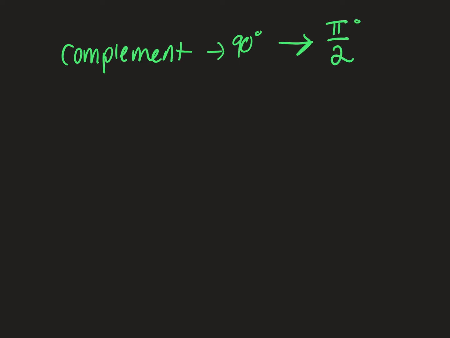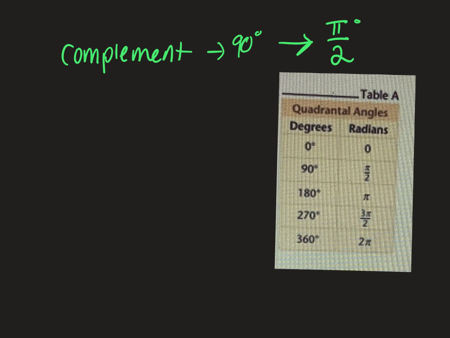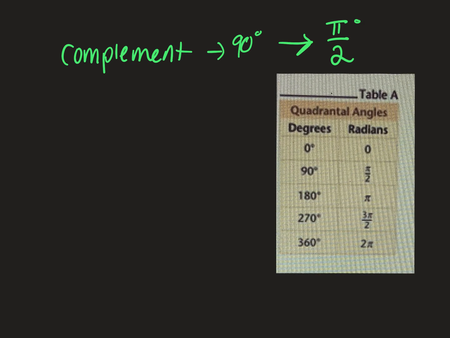If you look in the chart on page 38, please excuse the grainy picture, I had to snap a picture of it on my laptop screen. 0 degrees is 0, 90 is equal to pi over 2, 180 is equal to pi, 270 is 3 pi over 2, and 360 is 2 pi. So for finding the complement, you're going to subtract it from pi over 2.